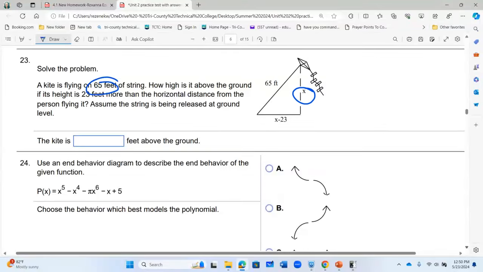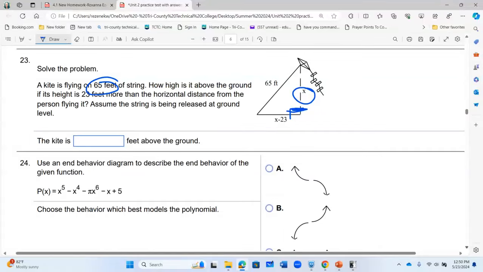So we're looking for the height. But I want you to know that this is a right angle. Okay, 23 feet more than the horizontal distance from the person flying it. So the person cannot be bending. The person has to stand at a right angle with the ground. So if you know that that's a right angle, the whole question is solved.